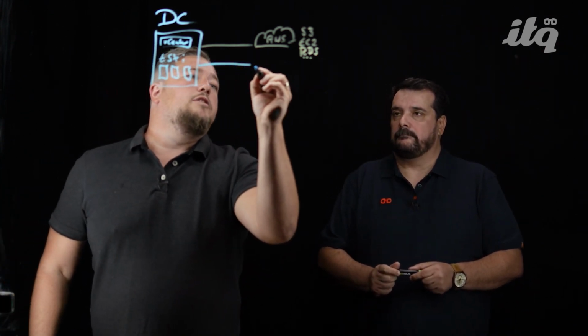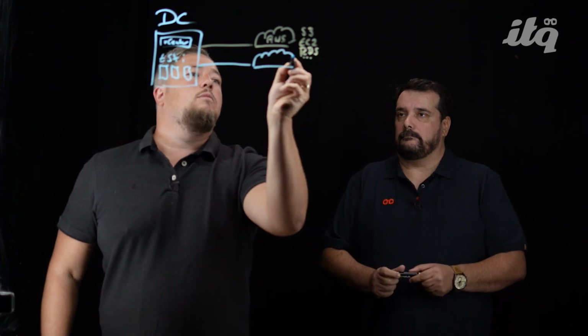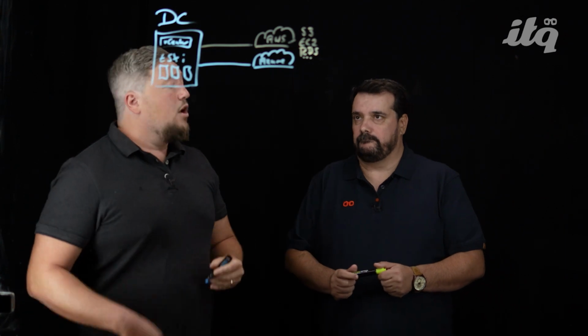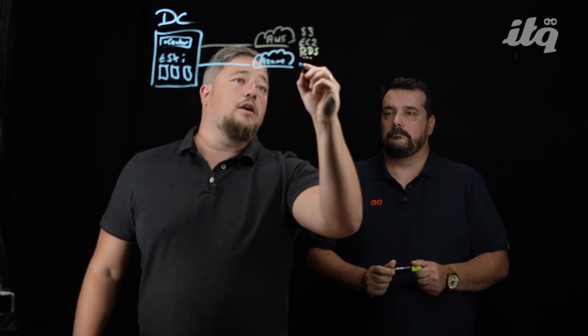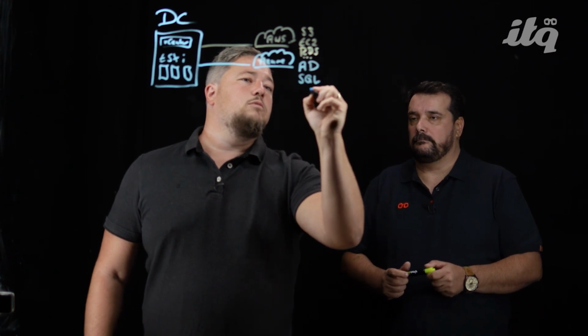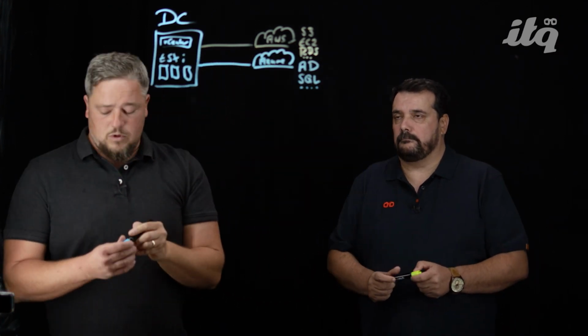Quickly, they realize that one of those cloud services is not enough for their application requirements, right? So a second cloud provider comes into the game. Let's say Azure, right? Where they start to consume services like Active Directory or SQL, and you name it.